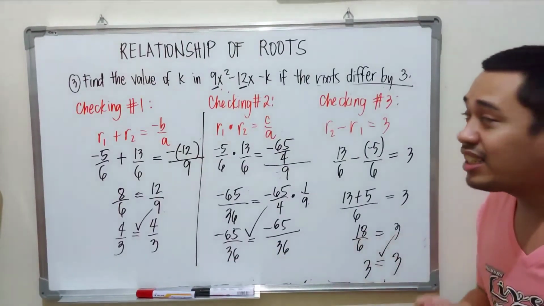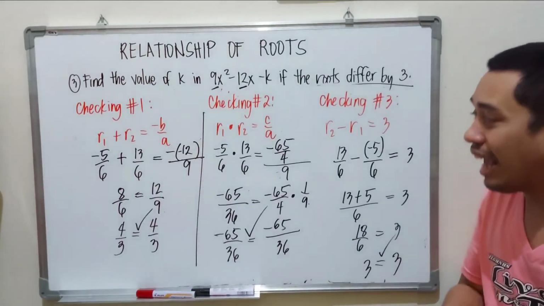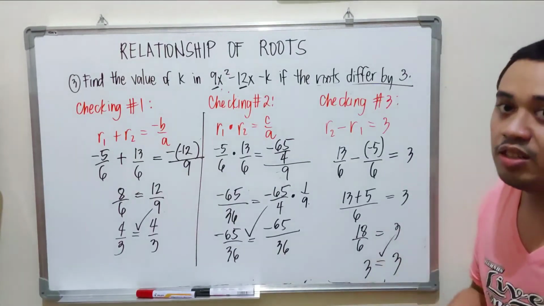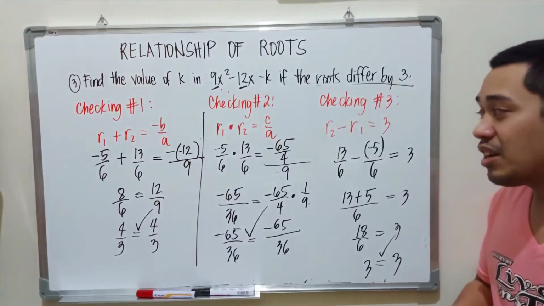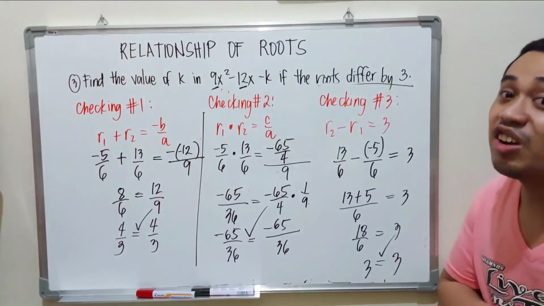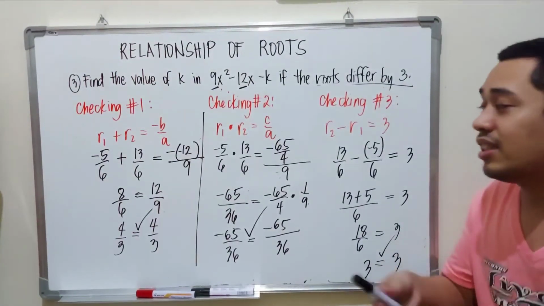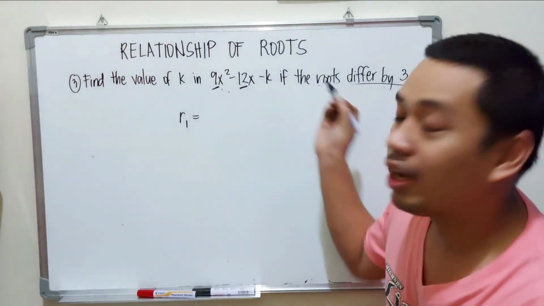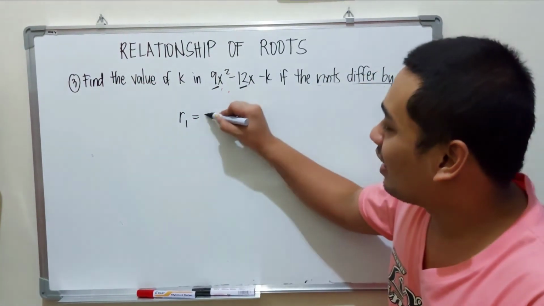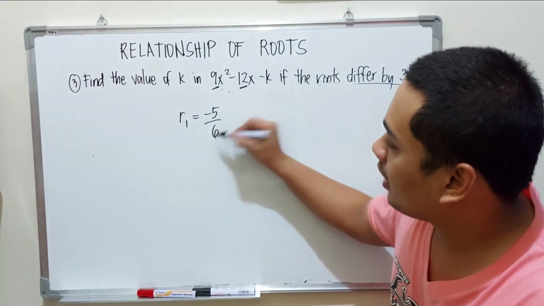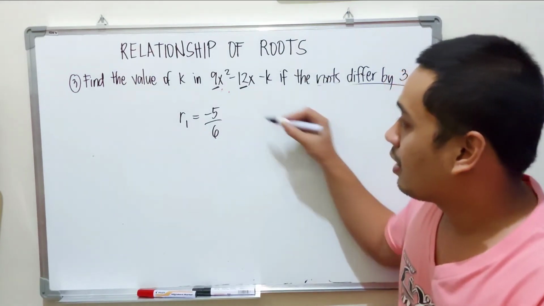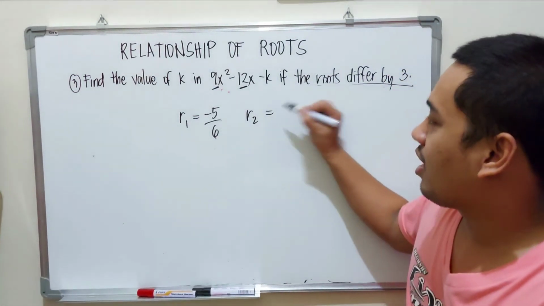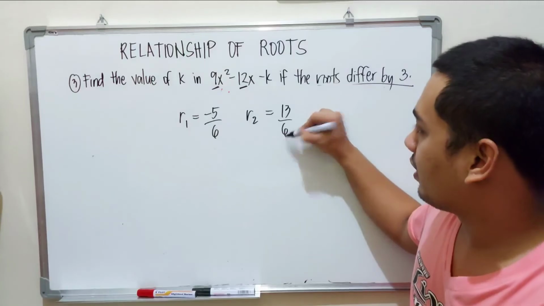Therefore, we can finally say that our value for K or for our value of the last term is equal talaga doon sa C na na-compute natin, which is negative 65 over 4. Sabi nyo kanina, R1 is negative 5 over 6. And R2 is equal to 13 over 6.